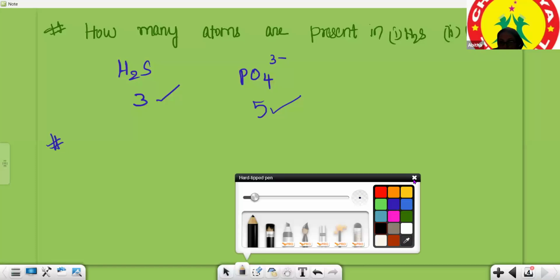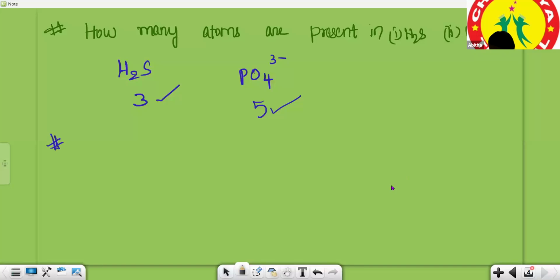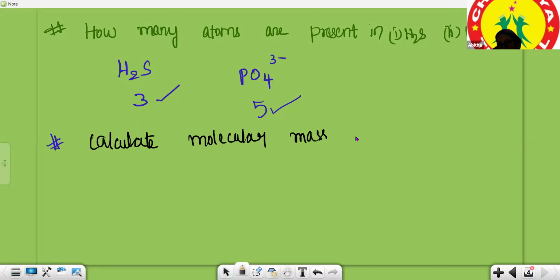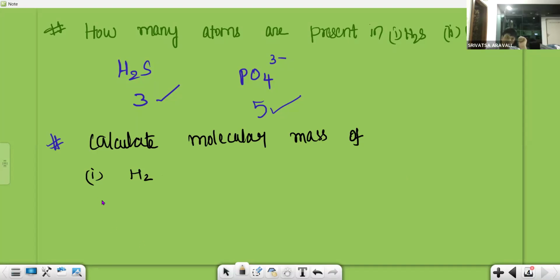Next we are going to find molecular weights. So calculate your favorite question. Calculate the molecular mass of the following. First one, H2. Tell me what is the molecular mass of H2? Two. Very good.